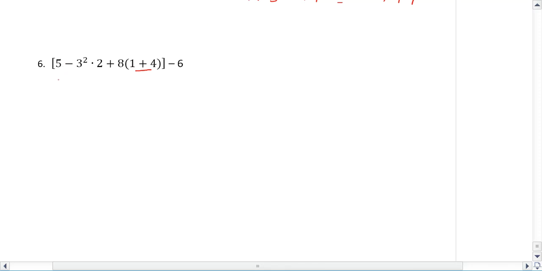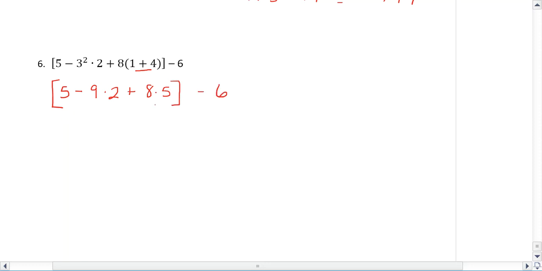So inside these brackets we have 5 minus, and this exponent will be done before this multiplying. So 3 squared is 9. We will be multiplying that by 2. And then we have 8, and we will be multiplying that by 4 plus 1, which is 5.